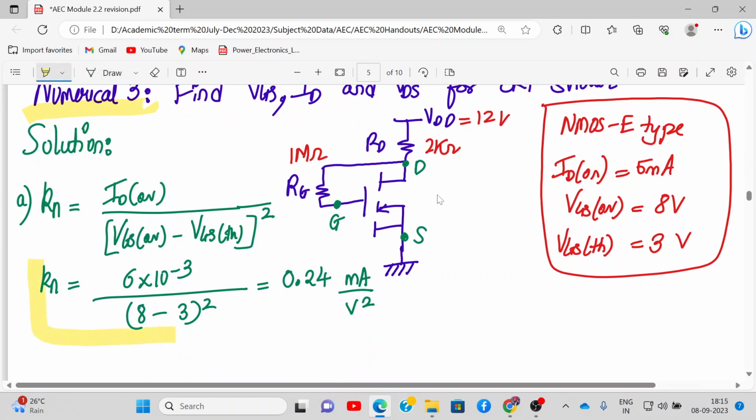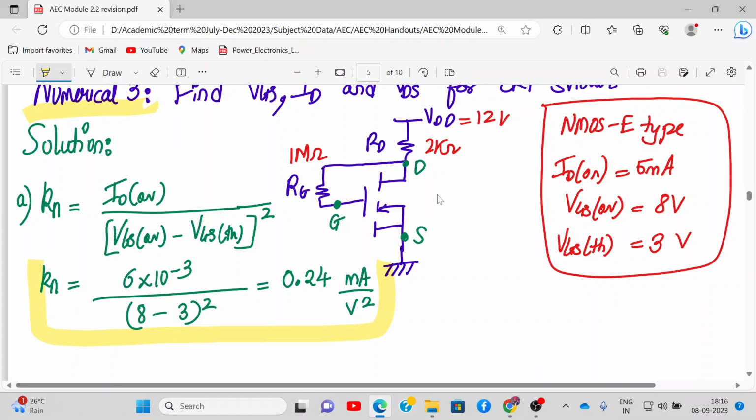Please cross check this answer. Whatever answer you are getting, convert it into milli. Is it 0.24 milliampere per volt square? Six divided by 5 square, that is 25. So it is 0.24 milli because it is 10 raised to minus 3.